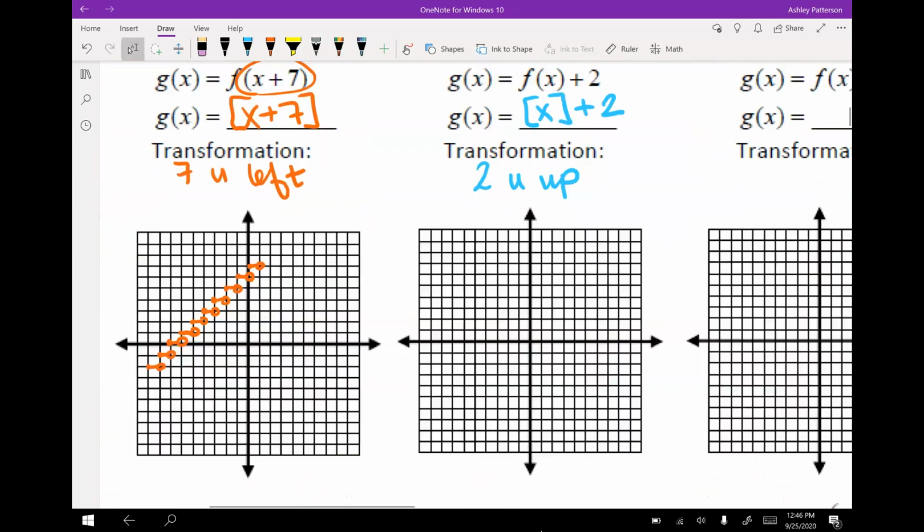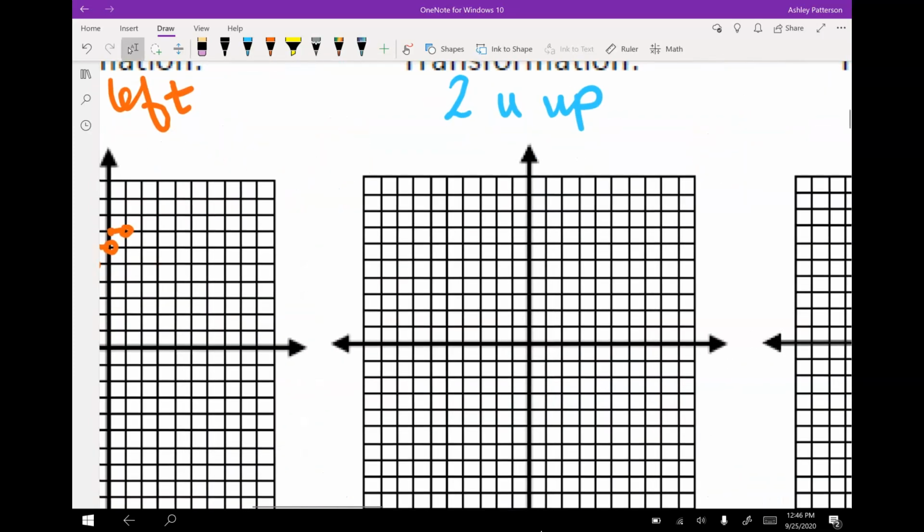So instead of starting at 0, 0, I'm going to start at 0, 2. Yep, A is still 1, B is still 1, and we don't have any reflections. So the step length is 1, the distance between the steps is 1, and we're increasing from left to right. Nice.